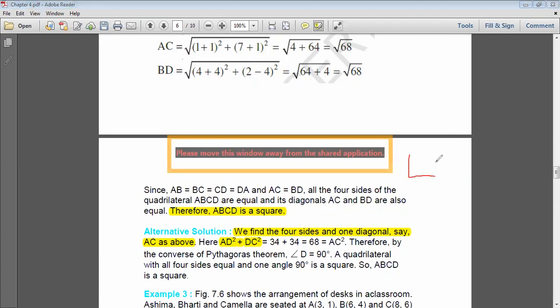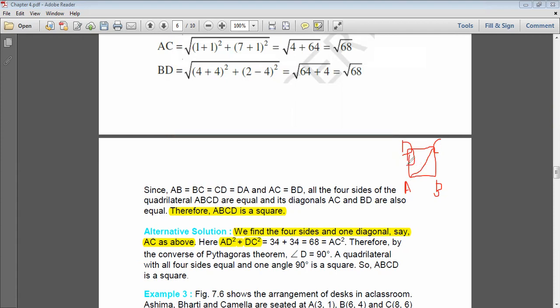See, if we are drawing a square like this, AB, CD, and the diagonal is also drawn here, then you can see that this is actually a right triangle. So AD squared plus DC squared will be AC squared.